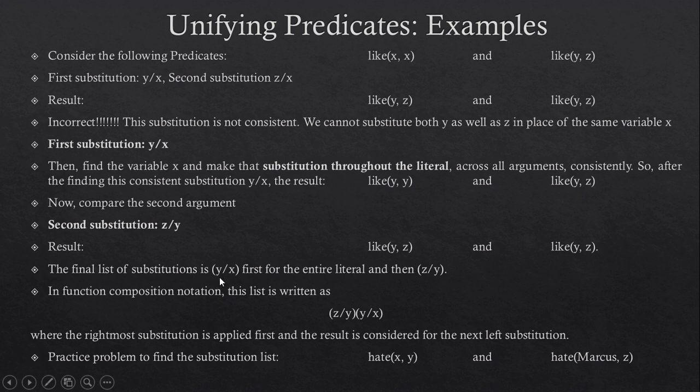The final list of substitutions is y for x first for the entire literal and then z for y. In the function composition notation, this is written as (z for y)(y for x) in separate brackets, where the rightmost substitution is applied first, and then the result is obtained, and that result is considered for the next left substitution.